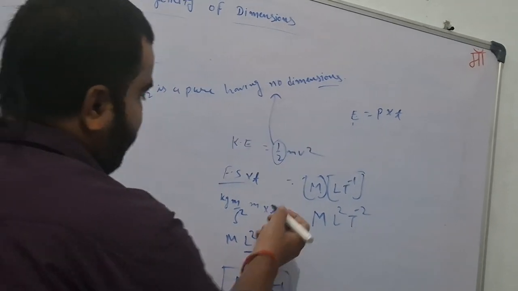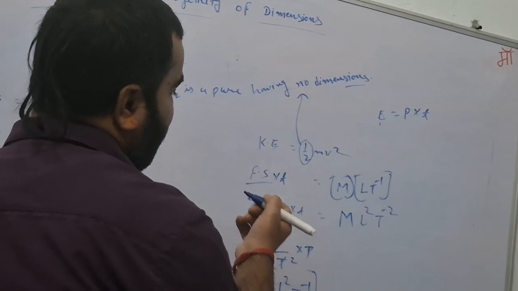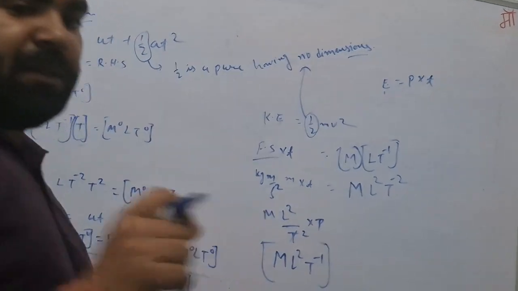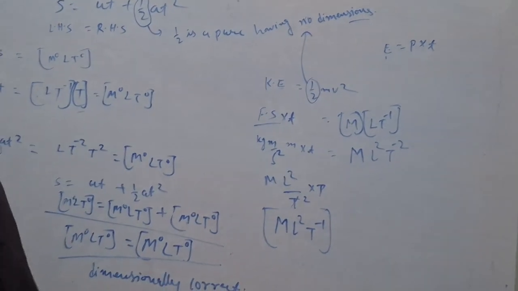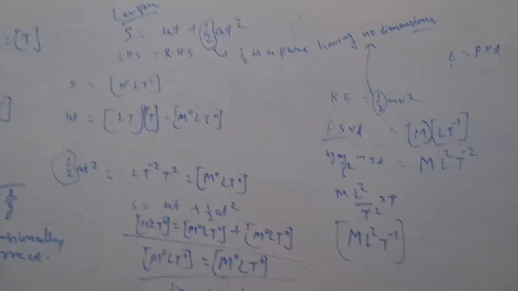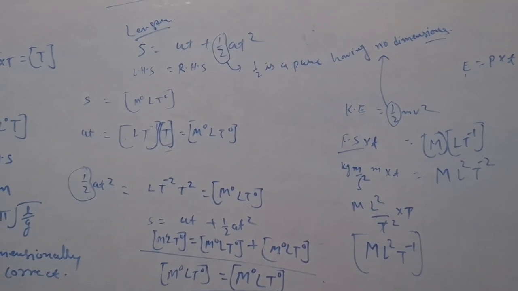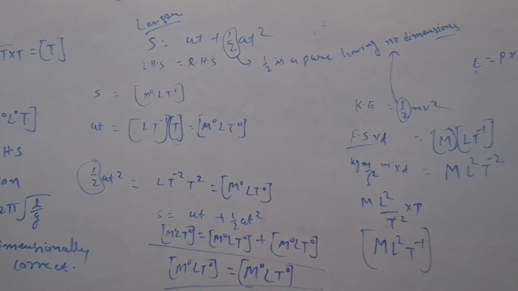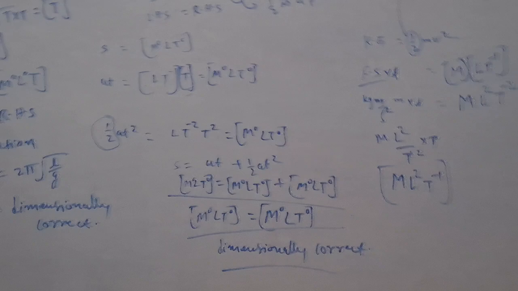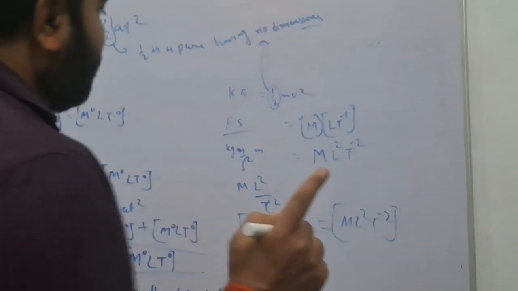And time we have written as T. And we know that energy, what is the unit of work done? Formula, we just received the wrong formula of work done. See, there was a little mistake here.